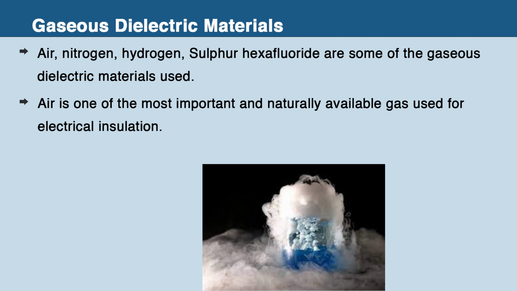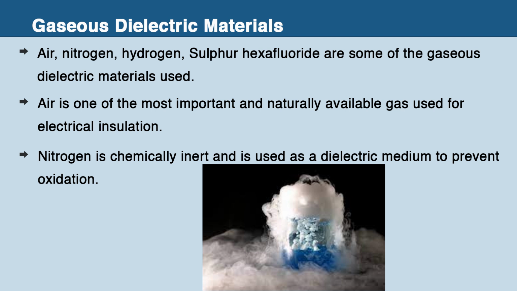The relative permittivity of air is 1. It is used as a dielectric in long distance electrical transmission and in air capacitors. Compressed air is used as an extinguishing medium which provides dielectric insulation in air blast circuit breakers.